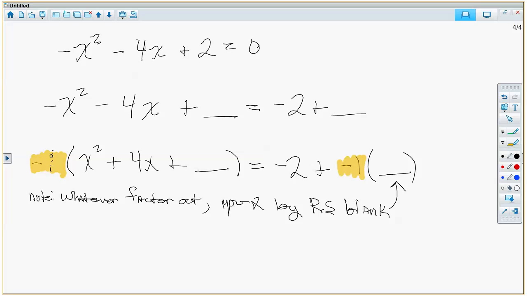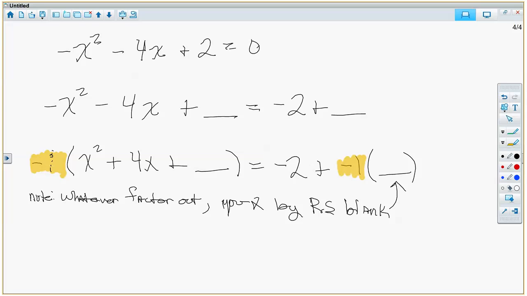And that's why whatever you factor out here, you have to multiply by this, because technically this is on this side of the equal sign. But I don't show that. So, in other words, take my word for it. Unless you want me to go through and show you the other way, and then you'll get confused. So I'm not going to do that. So whatever you factor out here, you need to multiply by this blank right here.